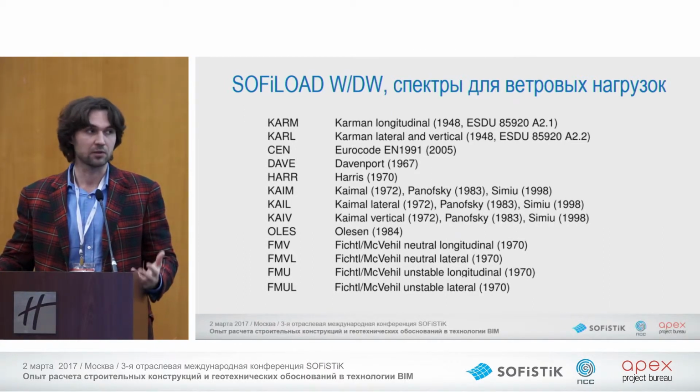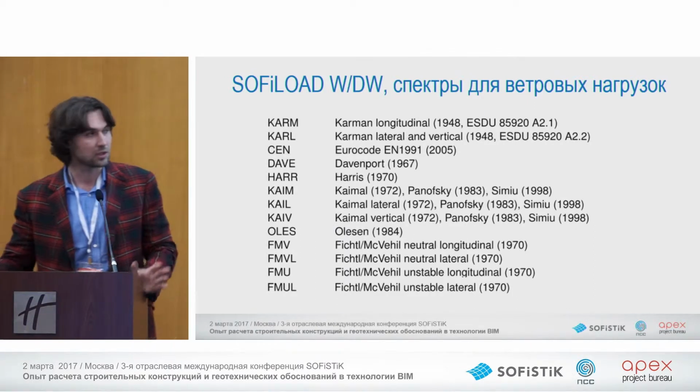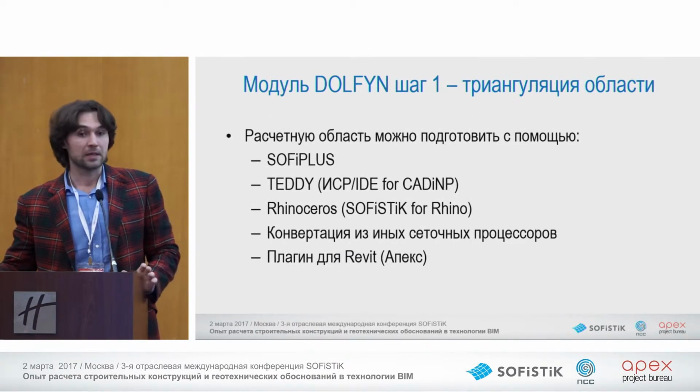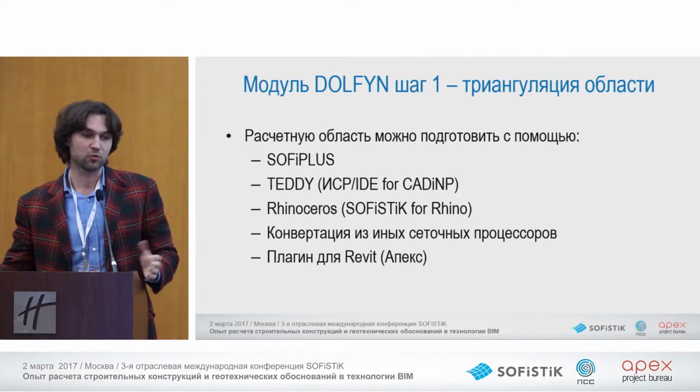And the developer has already included many options for wind load calculations. We can calculate dynamic wind for very different spectrums. Well, all the types of winds and loads known in Russia are there.